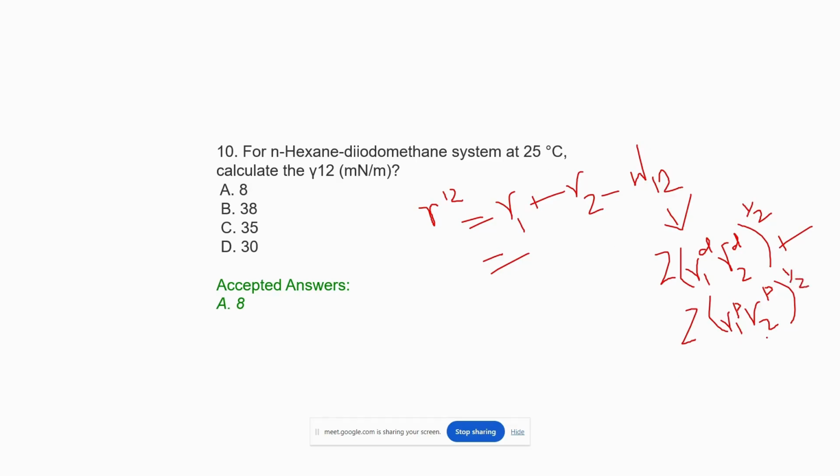Yeah, so here for this there is no polar solvents involved, so this term would be 0, and then we have gamma 1 gamma 2 and this term. So in the lectures there was a table given where the surface tension for these systems N-hexane and diiodomethane are given. So first is 18.4, and for diiodomethane it is 50.8.